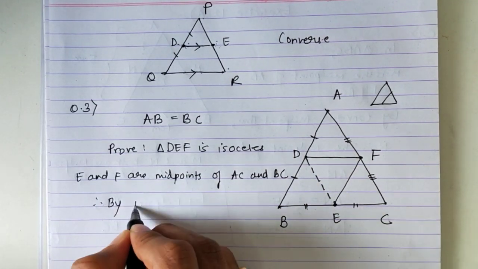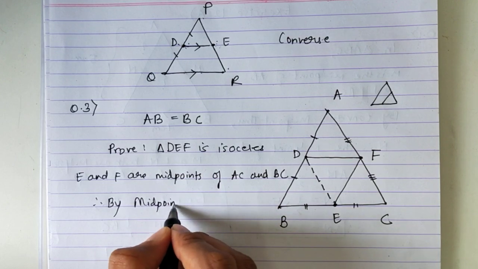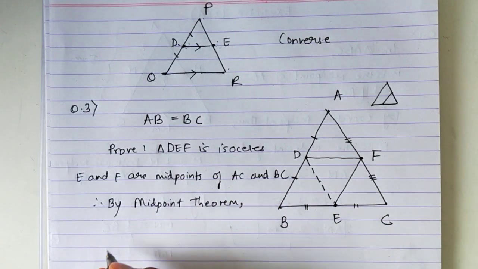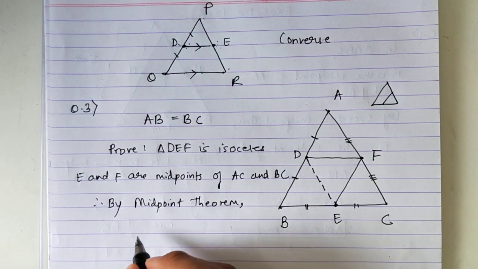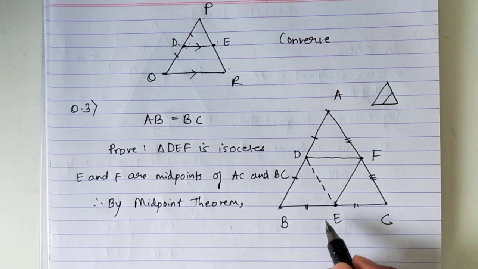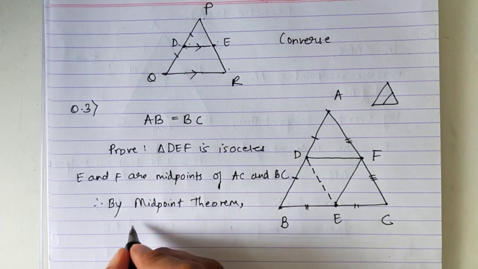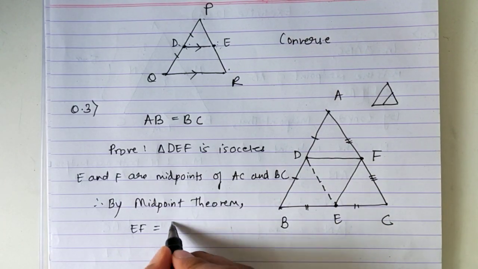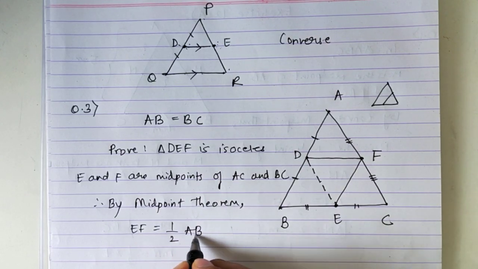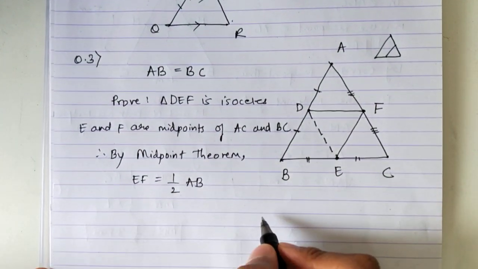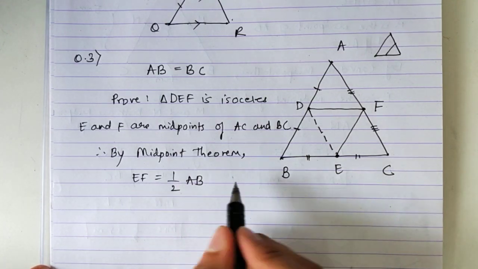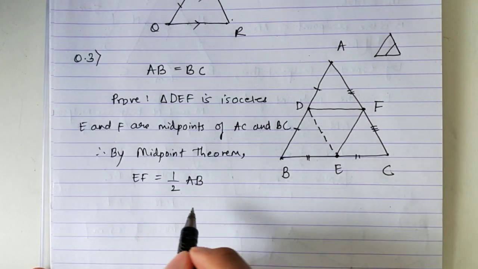Therefore, by the midpoint theorem, EF is half of AB. I'm not writing that EF is parallel to AB because that is not useful in the sum. You can even write that, it doesn't matter, but only this part is useful.